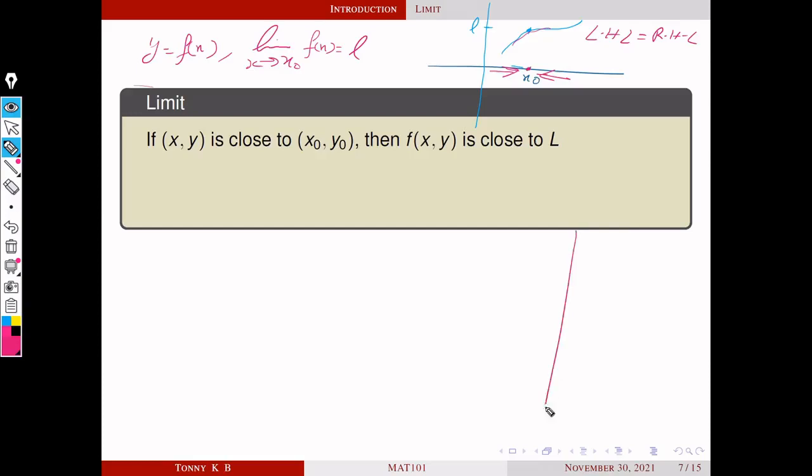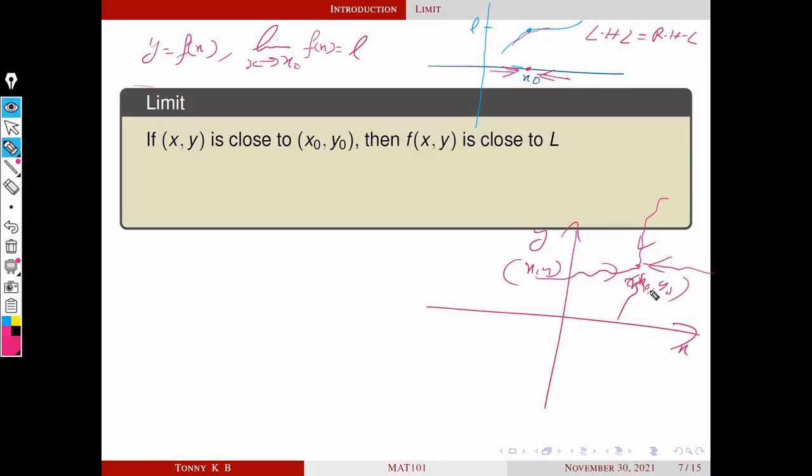What is the difficulty in a two variable function? Here is our x axis, this is the y axis, and suppose the point x naught y naught. Suppose xy is tending to x naught y naught. What is the complication? Here xy can tend to x naught y naught in any direction. There are infinitely many directions to converge xy to x naught y naught.